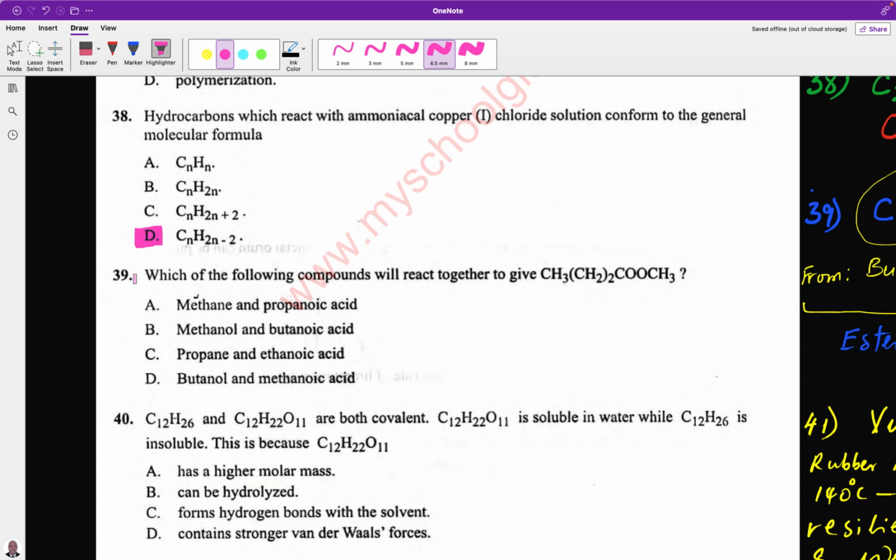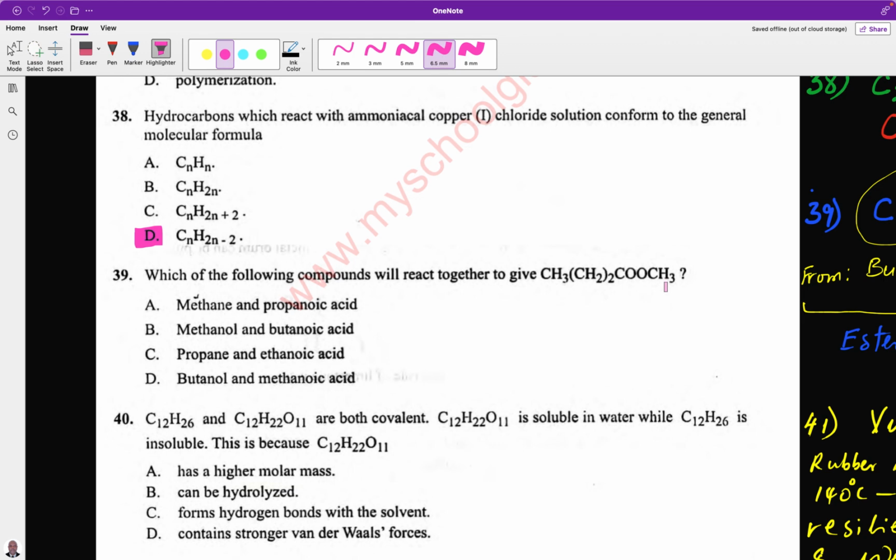So in this case, which of the following will react to give this? Here in this compound, the OCH3 is from an alcohol.